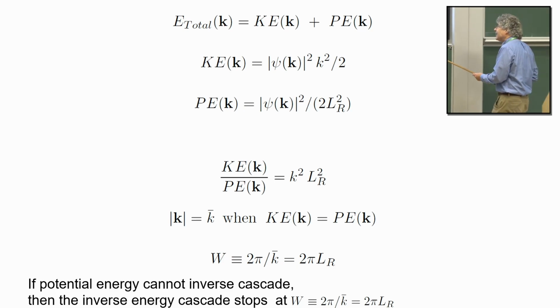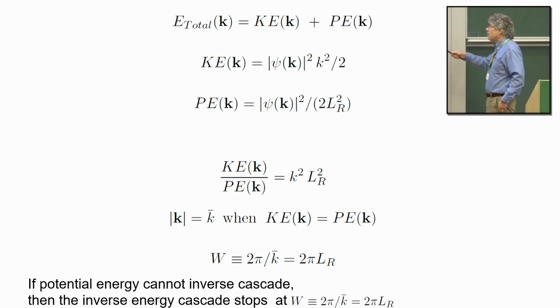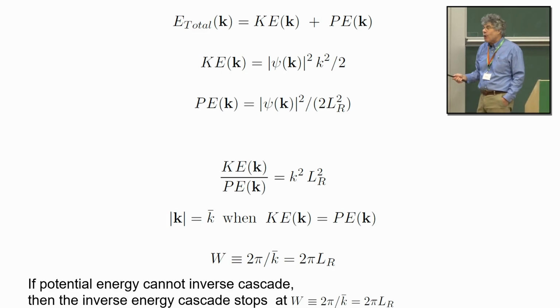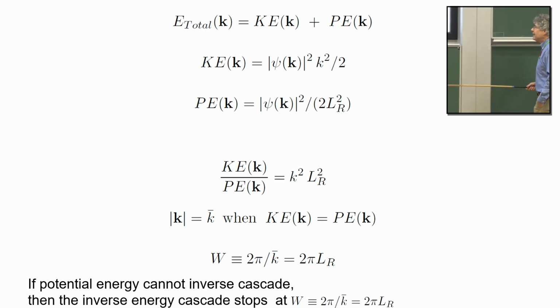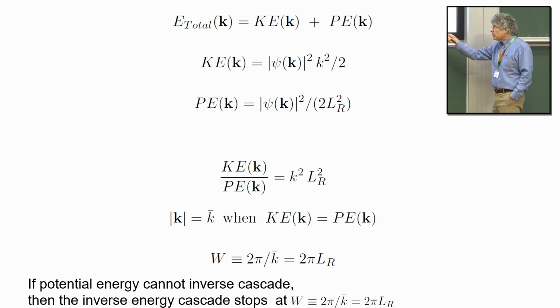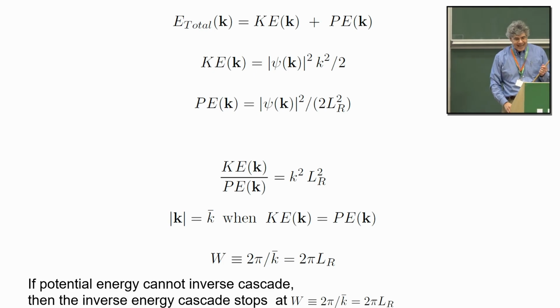And again, one wants to know the ratio, as a function of wave number, of the kinetic energy to the potential energy. Just dividing these, the sizes go away, and it's just k squared times L_R squared, which means for small wave numbers, or large lengths, your potential energy is going to dominate your kinetic energy.